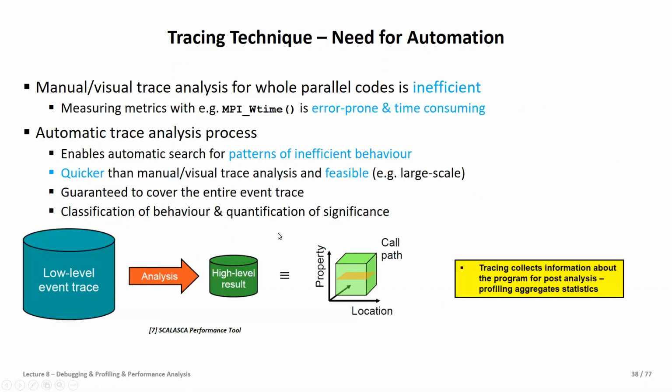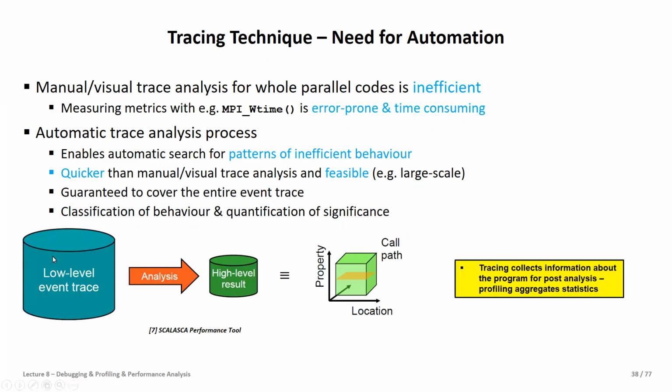Now, how would this be measured? We have a need for automation. I can assure you, with large-scale HPC systems and larger HPC applications, you don't want to do this manually or visually trace it yourself. These kinds of tools are a real necessity, and they do this automatic tracing analysis process.